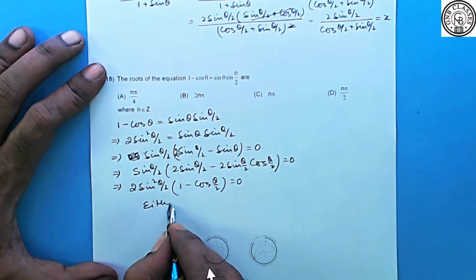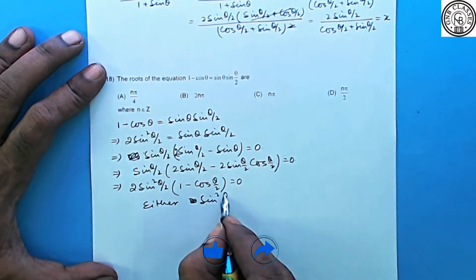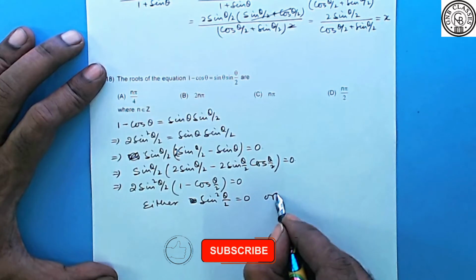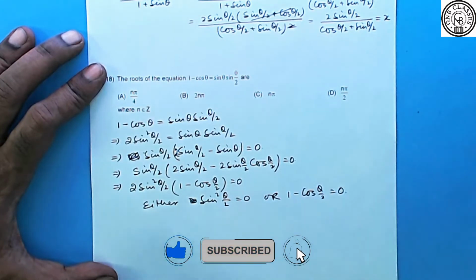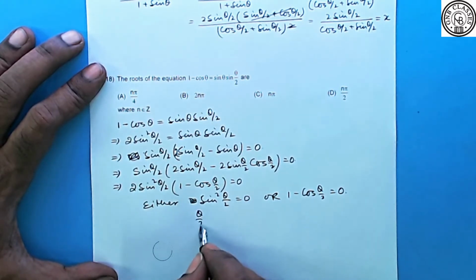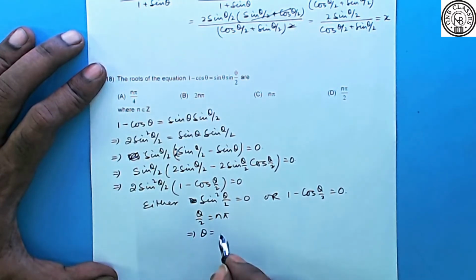So either sin square theta by 2 is 0 or 1 minus cos theta by 2 is 0. Okay. Now when sin square theta by 2 is 0, your theta by 2 is n pi, implies theta is 2n pi.